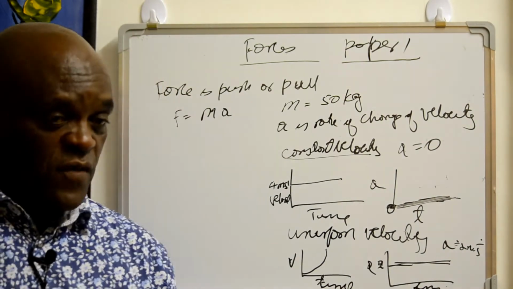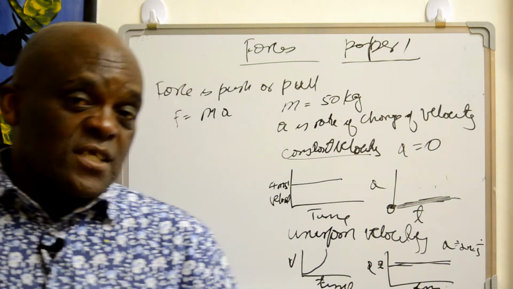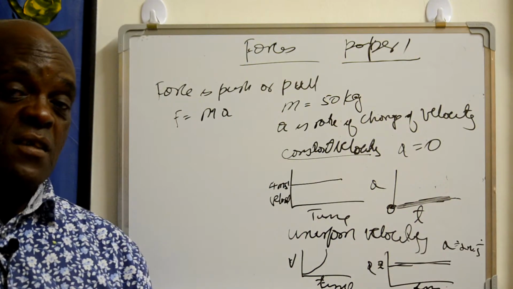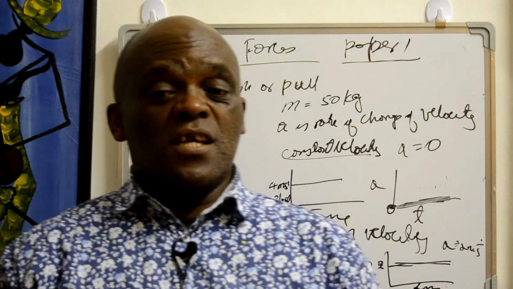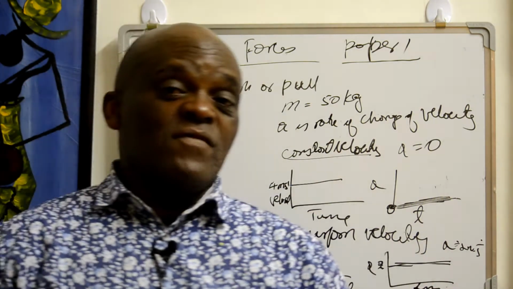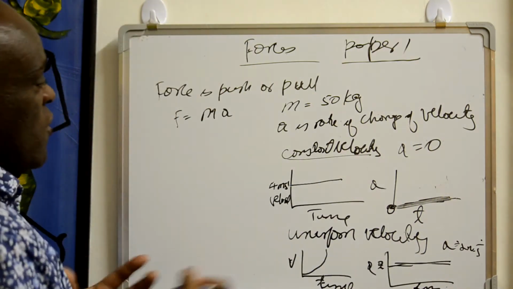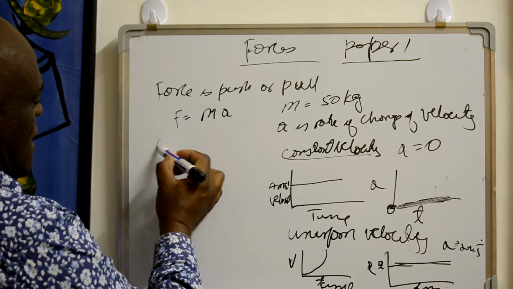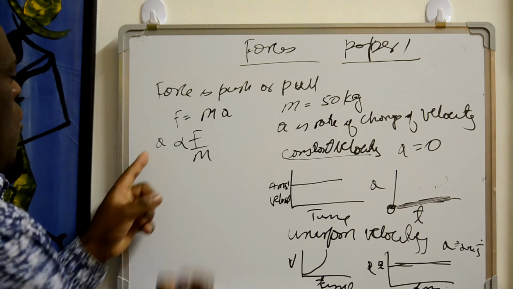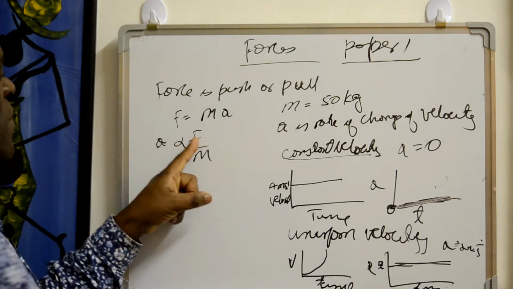In Newton's first law, a body will remain at rest or continue to move in a straight line unless an unbalanced force exerts a force on it. The second law is that the acceleration of an object is directly proportional to the force and inversely proportional to the mass. That's also very important. Thus, acceleration is F over m. Your acceleration will depend on your force.